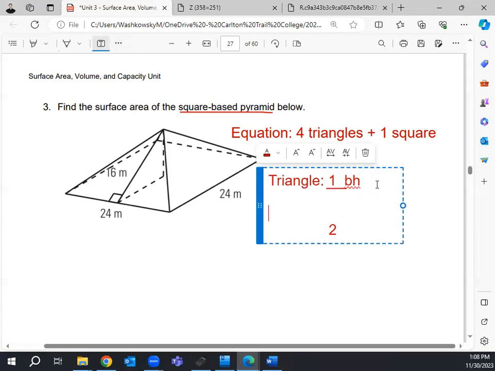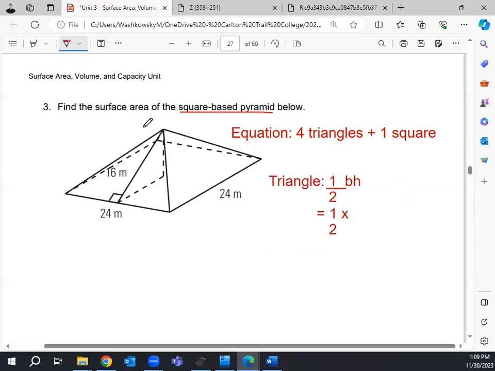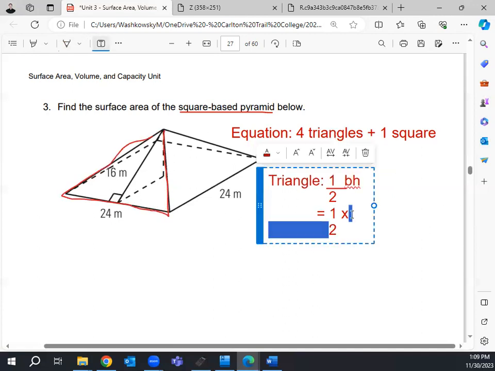So that was what we had learned. So all I'm going to do is I'm just going to take my numbers and I'm going to plug them in. So a half times the base. Now, what's the base of this triangle? Yeah, it would be 24 meters.